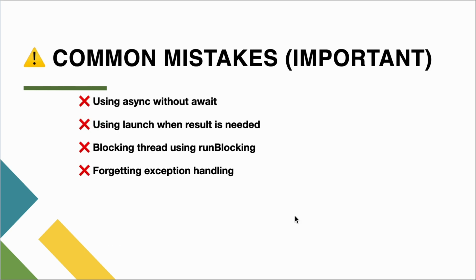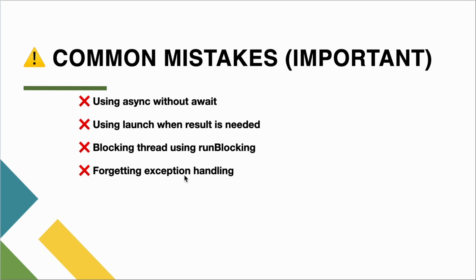So the common mistakes that we usually make are using async without await. That's what I've mentioned in the above slide. Then using launch when a result is needed, of course, because launch is not meant to return you something. Then blocking the thread using runBlocking, because if we use runBlocking, it will block the entire scope.